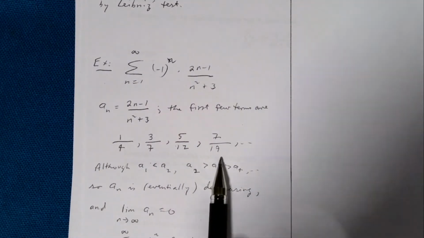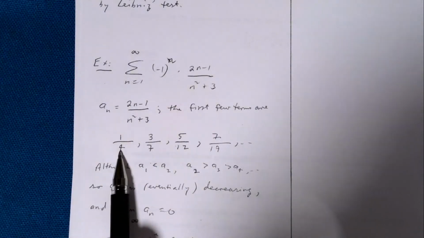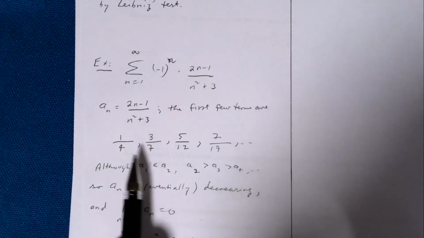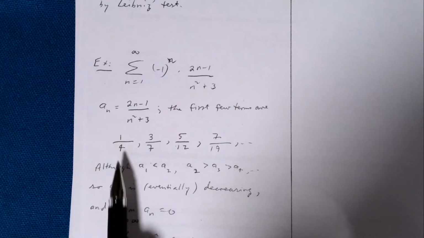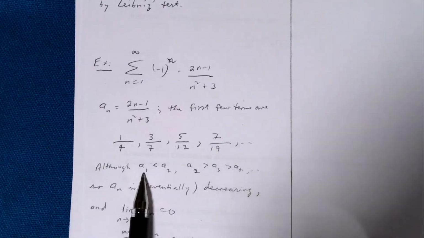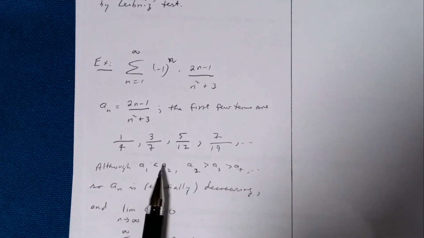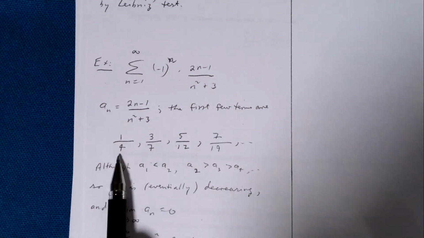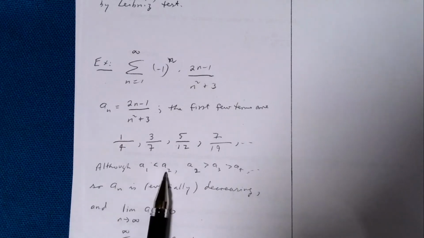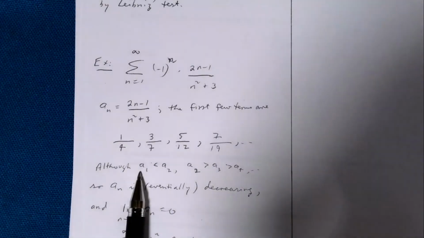Unfortunately, this one actually has a_1 less than a_2. In other words, it's not decreasing for the first two terms. The second term is bigger than the first term, not less than it.